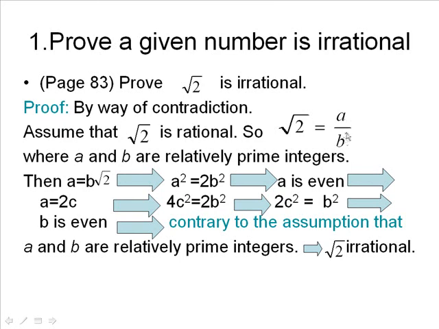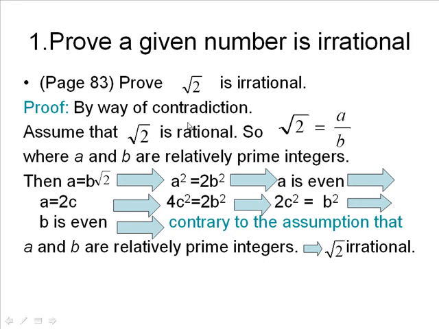Because if they are not relatively prime, we can find their greatest common divisor and divide them by the greatest common divisor. We will get a simplified fraction. For example, if we have 4 over 6, the greatest common divisor of 4 and 6 is 2. So we divide the numerator and denominator by 2 to get a simplified fraction 2 over 3.